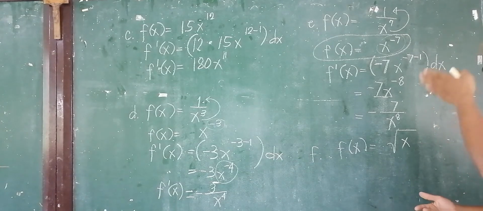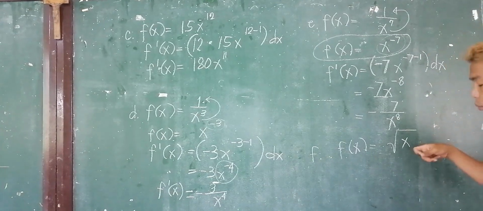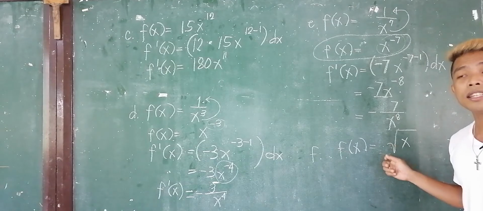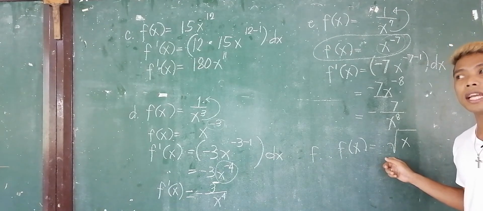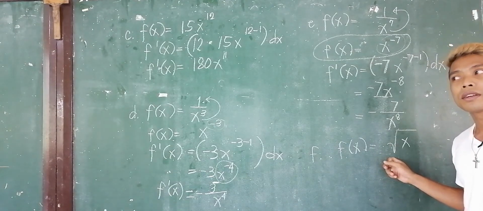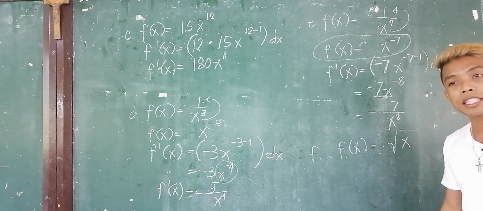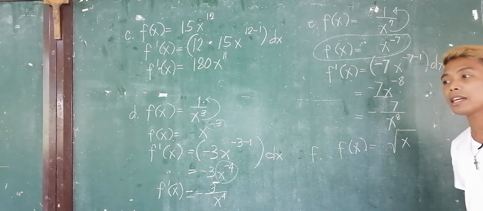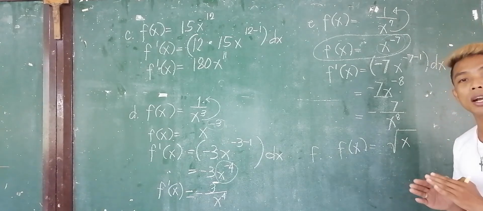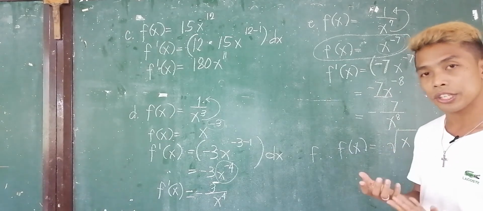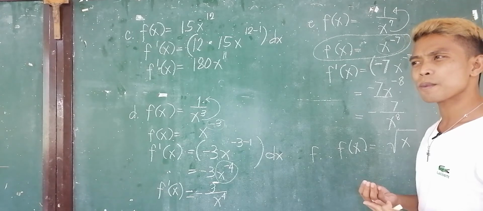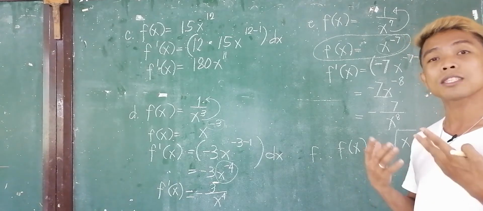Kung babalikan natin ang inyong natutunan, grade 9, first quarter, radicals. Meron tayong radicals sa pinag-uusapan kapag grade 9, kaya yung radicals, pwede mo siyang gawing exponential expression. Ano ang exponential expression? Ito yung mga variables na may exponent.